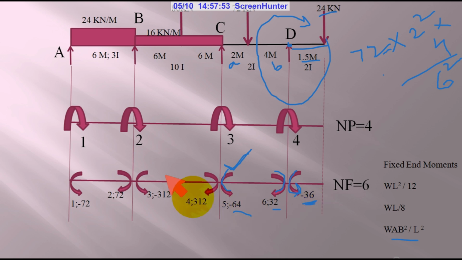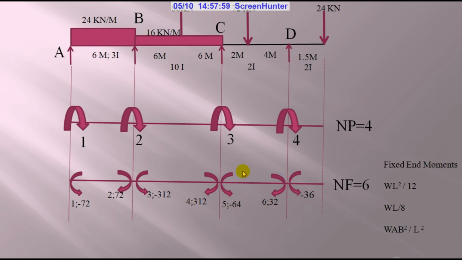So in this way, in this continuous beam, the first step is to determine the number of possible rotations, NP equal to 4, and then we should evaluate the fixed end moments and number those fixed end moments as 1, 2, 3, 4, 5 and 6.